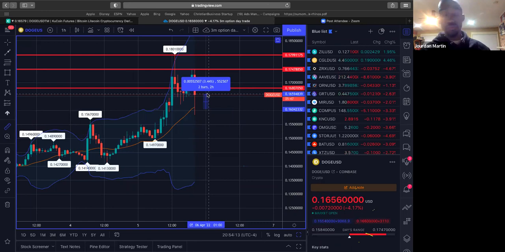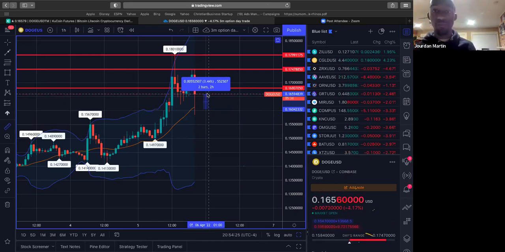Again, using the 5x leverage that I'm using on KuCoin, that's a 15% loss you took in a matter of 30 minutes. A 15% loss on $3,000, $4,000, $10,000 starts to add up really quick.